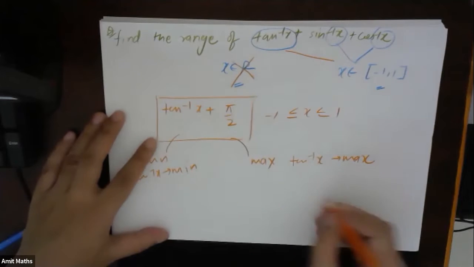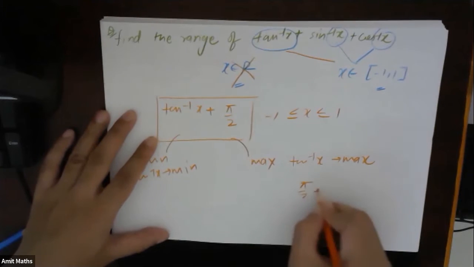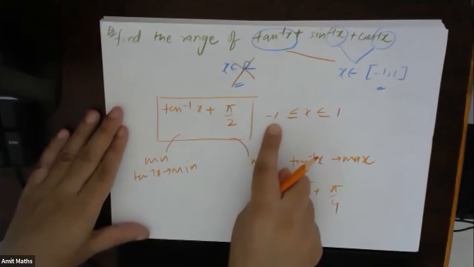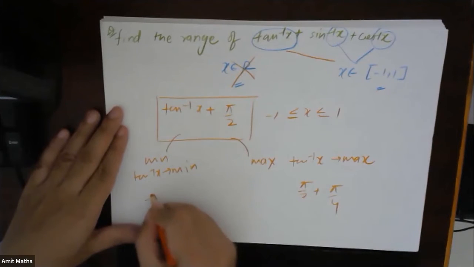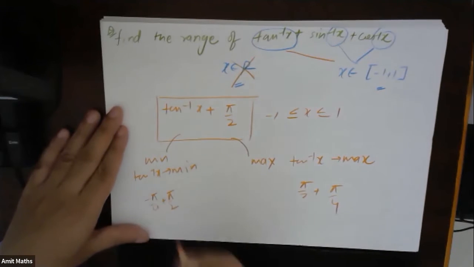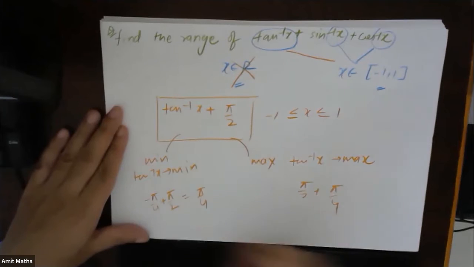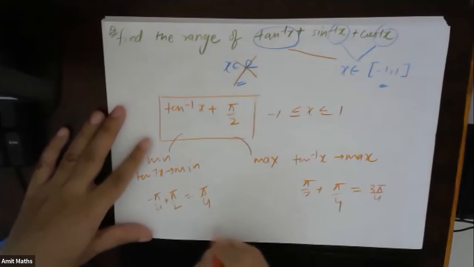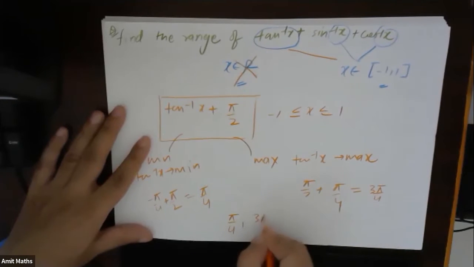Maximum tan inverse x is pi by 4, so this is pi by 2 plus pi by 4. Minimum of tan inverse x is minus pi by 4, at -1 it will be minus pi by 4, so this is minus pi by 4 plus pi by 2. So this is nothing but pi by 4, and this is nothing but 3 pi by 4. So that means from pi by 4 to 3 pi by 4.